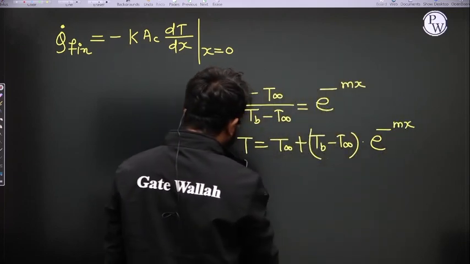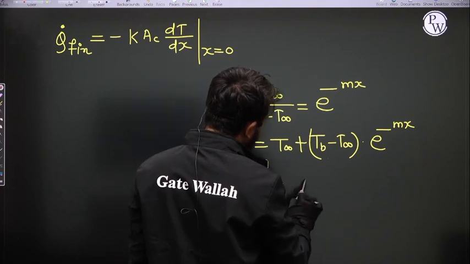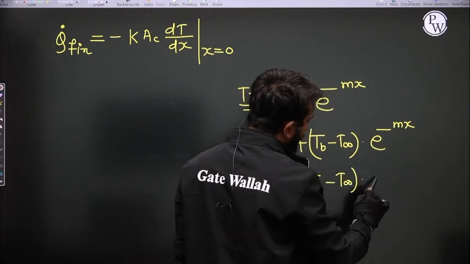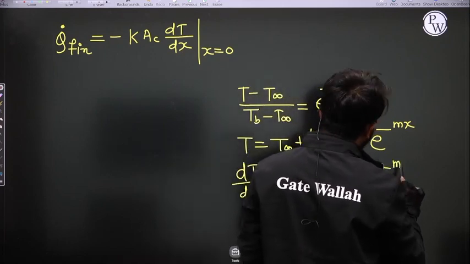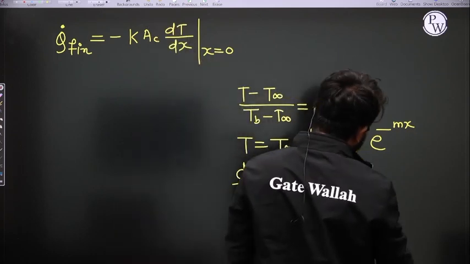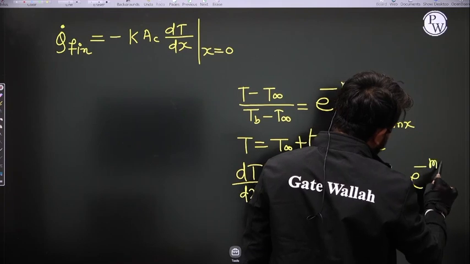So what is dT by dx? dT by dx is equal to (Tb minus T infinity) times minus m e to the power minus mx.